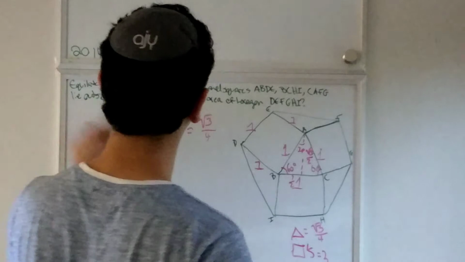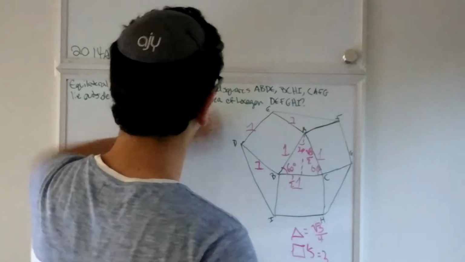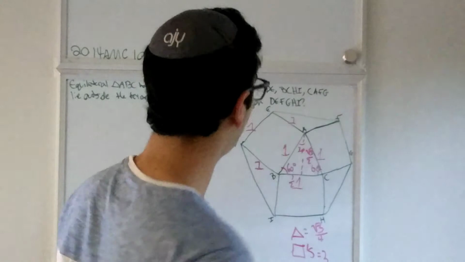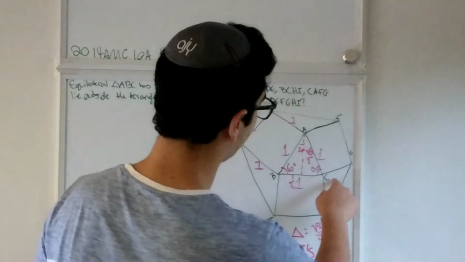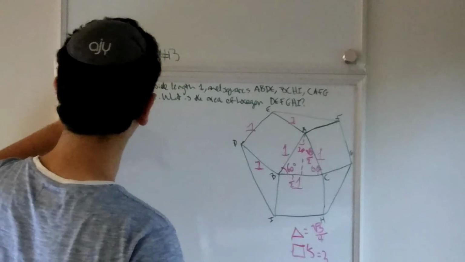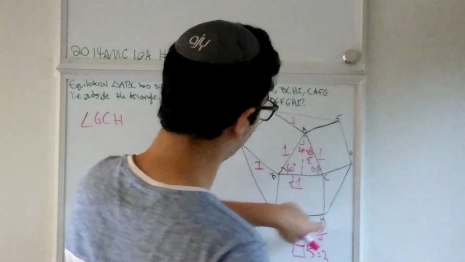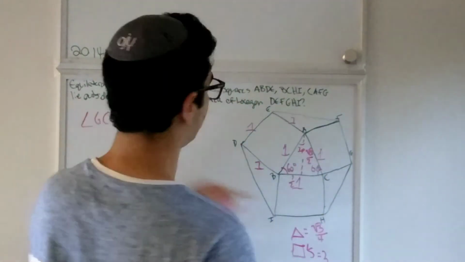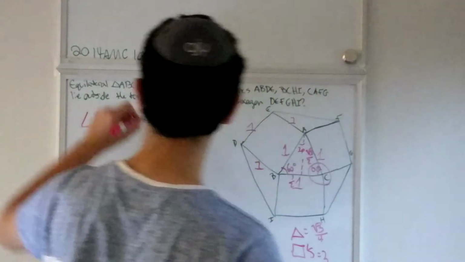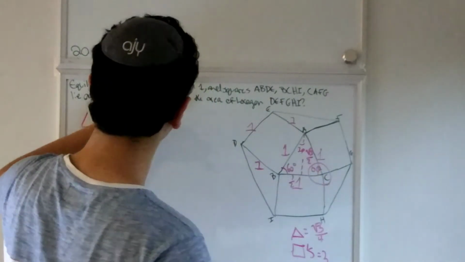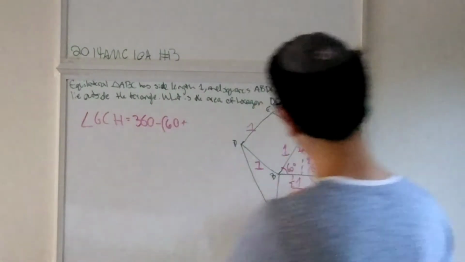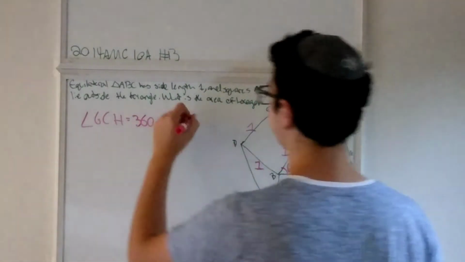Next, I just need to find the area of these triangles. I'm confident that I can find angle GCH, which is right over here. Since the full angle around the point is 360 degrees, it's going to be 360 minus 60 plus these two right angles, which is 90 plus 90.